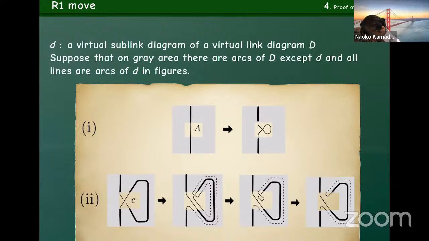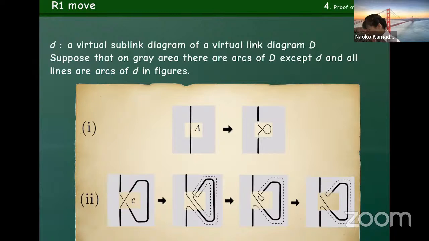So we apply an over finger move like this. Then we have this diagram. After that, we apply over that one, then we have this one. So we can remove this kink by the R1 move.